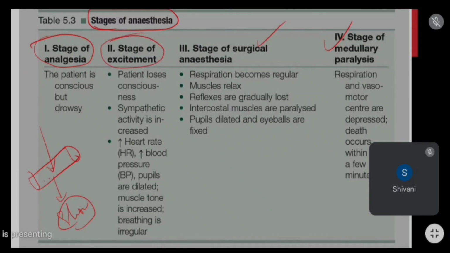First stage of anesthesia is, see, when the drug is injected, patient को conscious रहता है. Patient is at consciousness only and slowly the patient will be having drowsiness. Injection देते ही or when inhalant is given, slowly the patient will start to sleep.